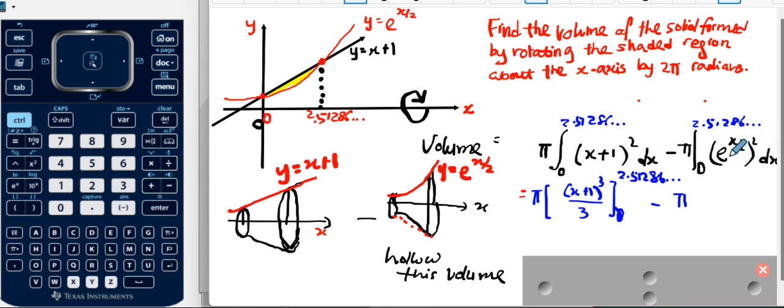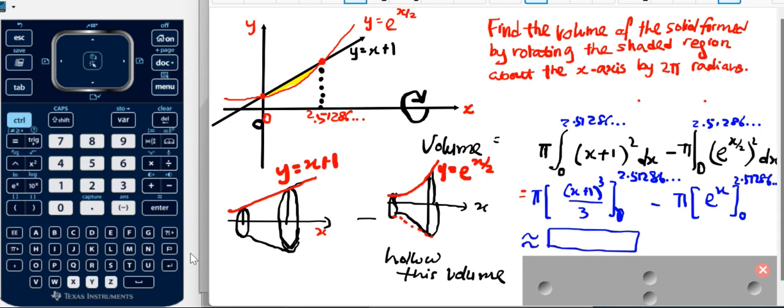So this is going to be e to the power of x. The integration of e to the power of x is just going to be e to the power of x itself, because the derivative of e to the power of x is e to the power of x. So that's from 0 to 2.51286 dot. And now I just use your GDC to find an answer here.